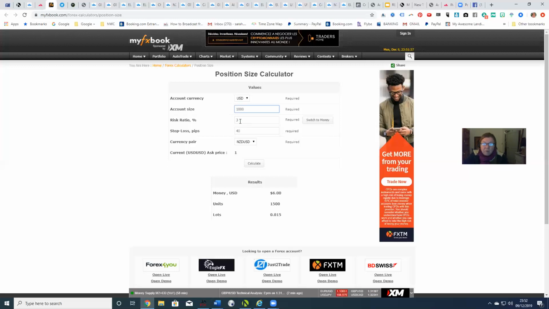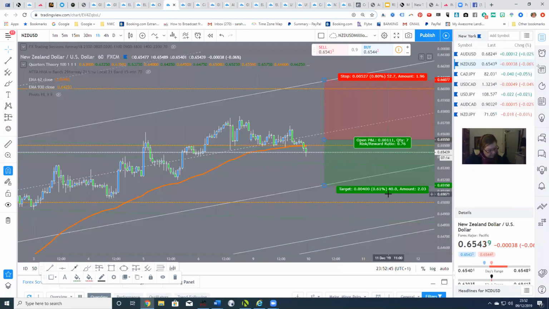If we want to risk 3% with a stop loss of 40 on NZD USD, calculate, we're going to risk $30. We've gone for TP2, which was 40 pips, wasn't it? On the NZD, yeah, 40 pips.